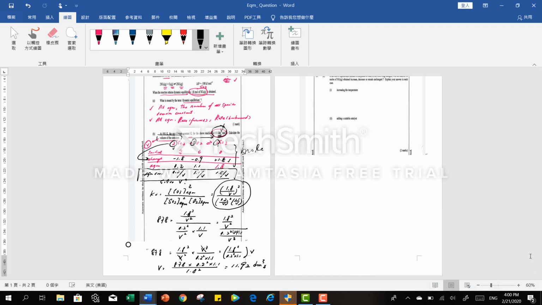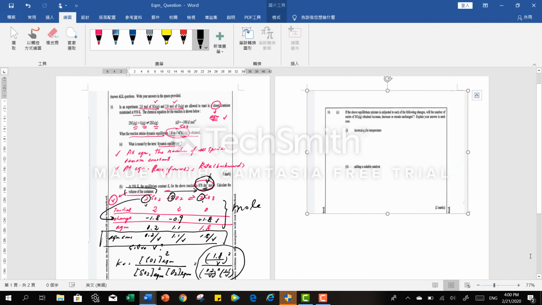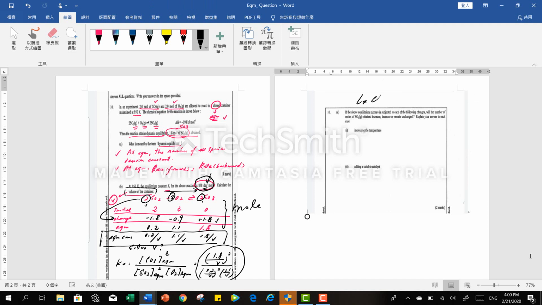Okay, I still have a little bit of time. Let's just take a look here. If the above equilibrium mixture is subjected to Le Chatelier's Principle, increasing the temperature. Now, when you take a look here, delta H is negative, means the forward reaction is exothermic, right? And the backward is endothermic, right? So if you increase the temperature, the system doesn't like it.